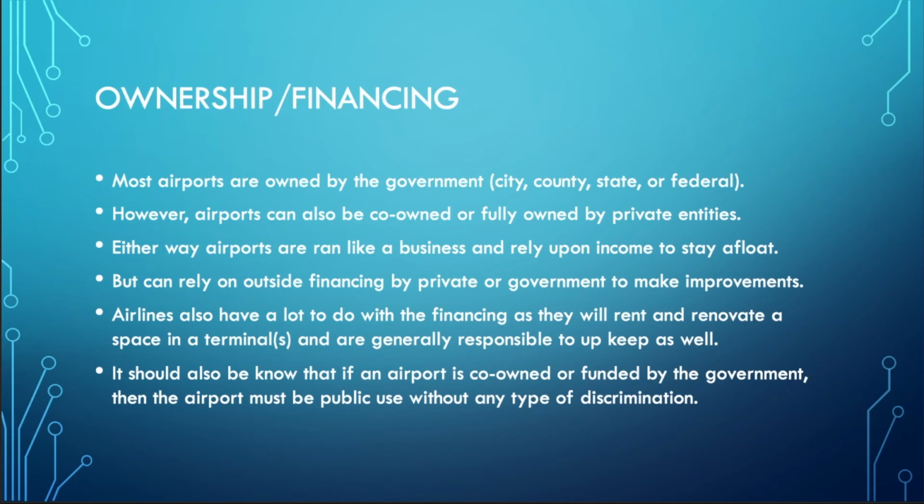We kind of touched on that topic with the security. People felt like they were discriminated against, and there were lawsuits against the TSA because technically airports are public use, unless it's private use, and there aren't too many of those. I guess you could think of John Travolta's private airport at his house up there in the Ocala area.